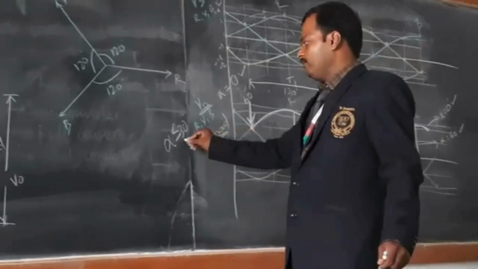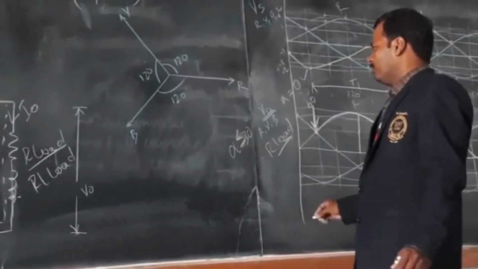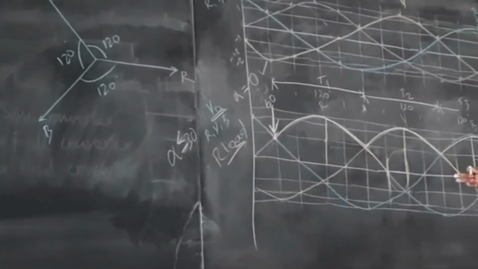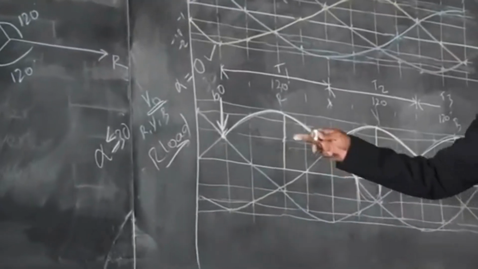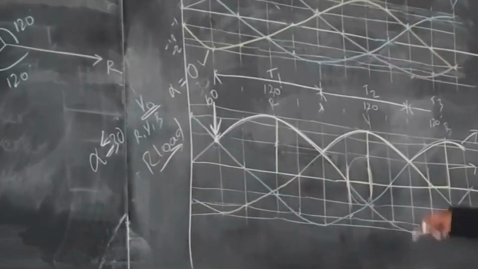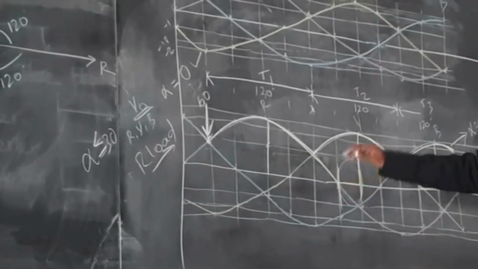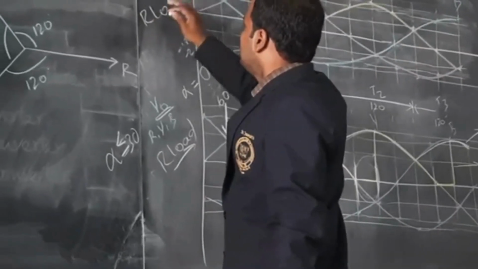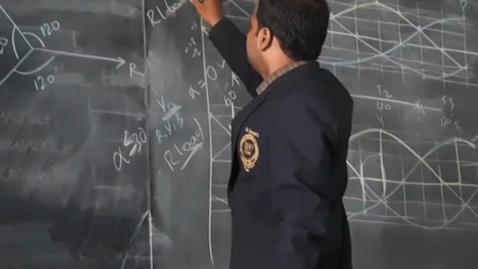We have no difference in the output voltage because all the output voltage are continuous. There is no difference. After the greater than 30 degree alpha, we are going to get the output voltage. We are going to draw the same output voltage here. That is, consider the RL load.